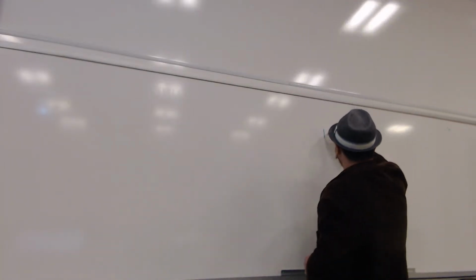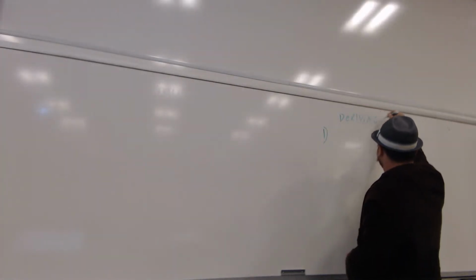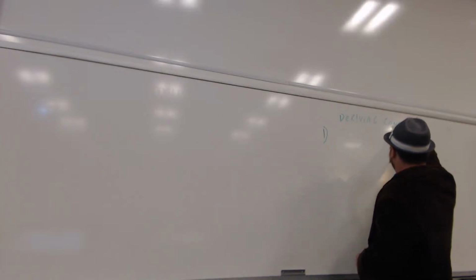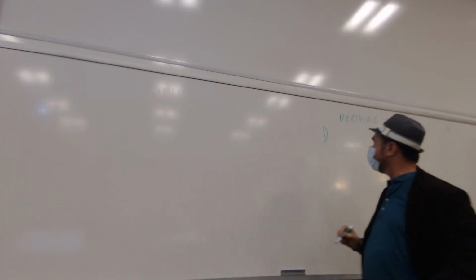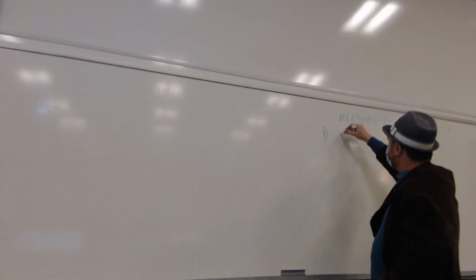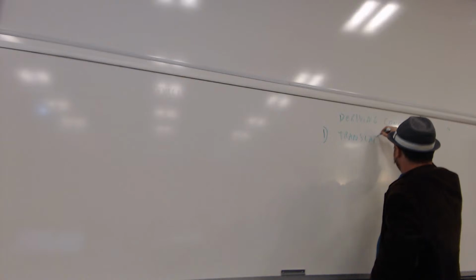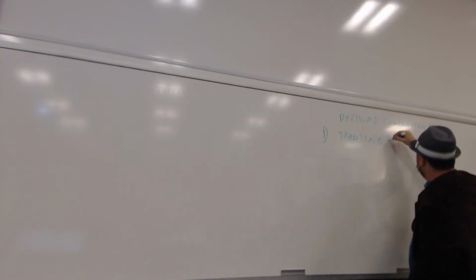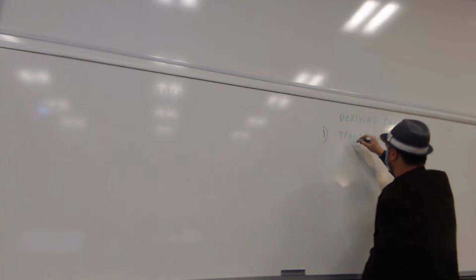Let's see. All right, so 4 steps. Step 1, when you are trying to derive conclusions, is to translate the premises into logic and to do a mini star test.